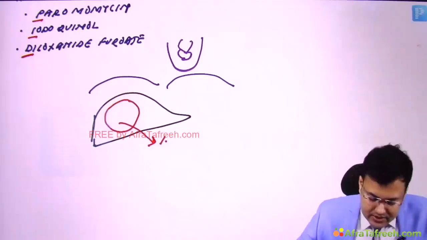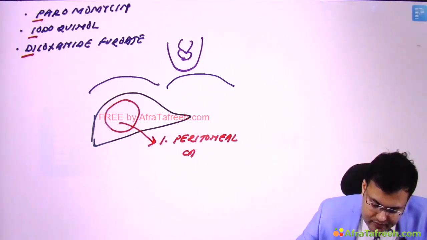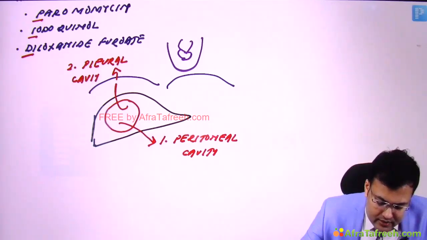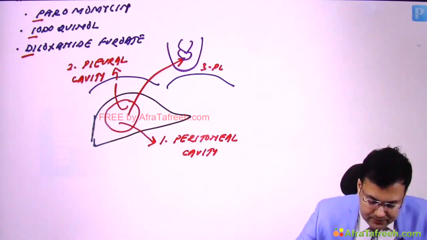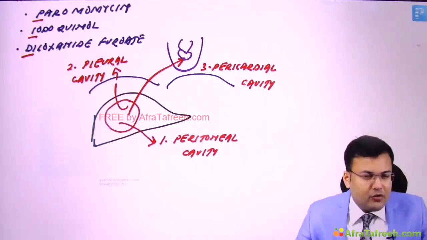So what are the complications? Rupture into peritoneal cavity, rupture into pleural cavity, and third, rupture into pericardial cavity. Clear?